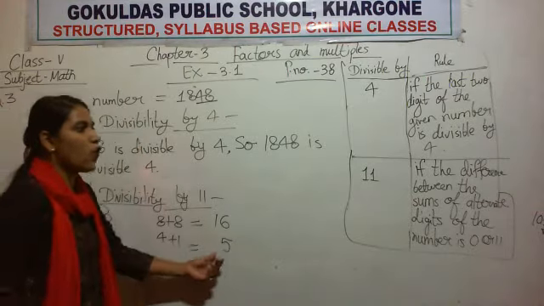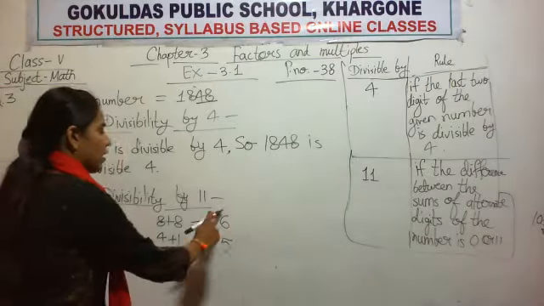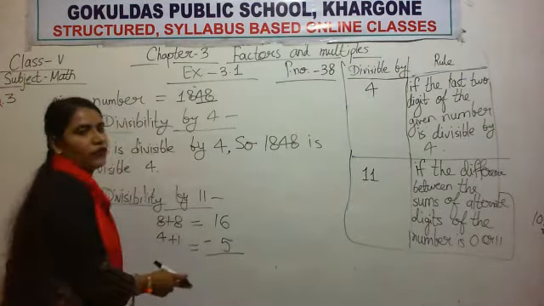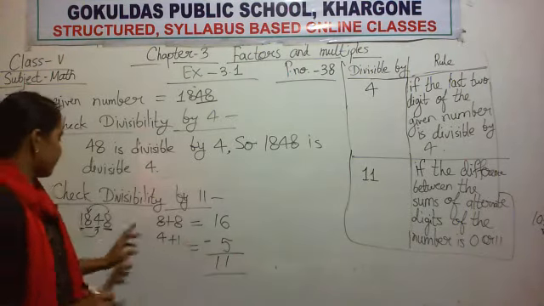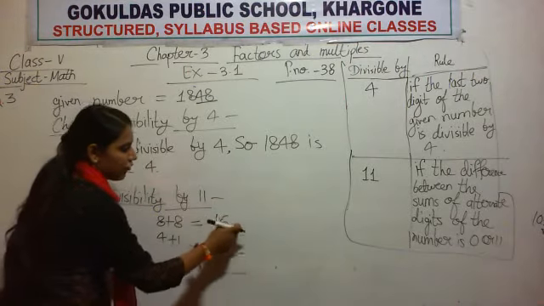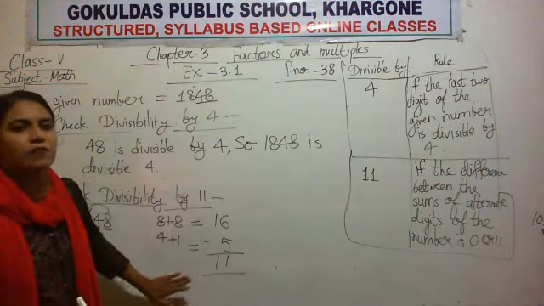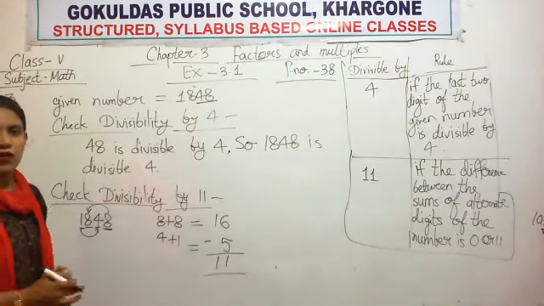Now you have to find the difference of both these sums. Difference means you have to perform subtraction. Now 16 minus 5 is 11. So when you add the alternate digits and their difference is 0 or 11, then you conclude that your given number is divisible by 11.